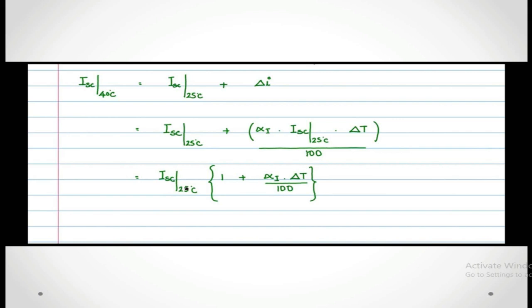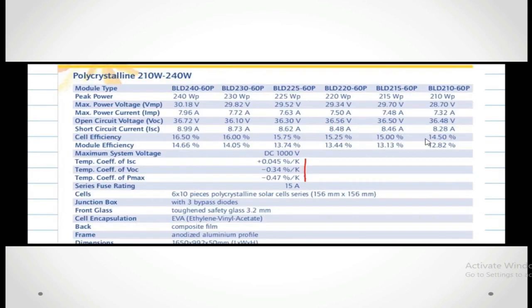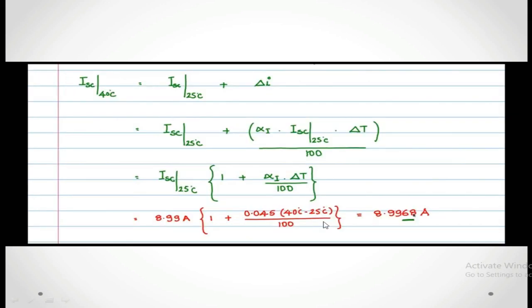By substituting the values, the data sheet contains the temperature coefficient of ISC, alpha I, as plus 0.45 percentage, and ISC at 25 degrees centigrade as 8.99 amperes. Substituting all the values, you can see ISC at 40 degrees centigrade is obtained as 8.9968 amperes. So ISC at 25 degrees centigrade is just 8.99 amperes, but at 40 degrees the value has increased to 8.9968.